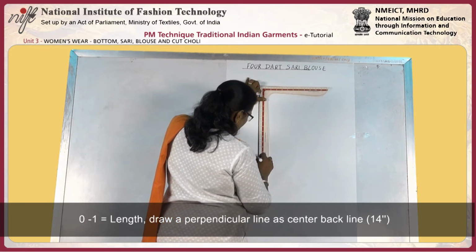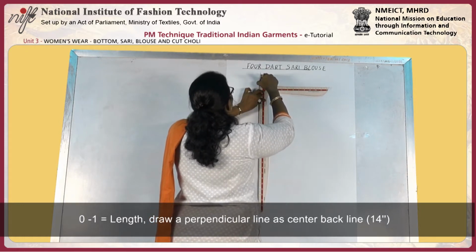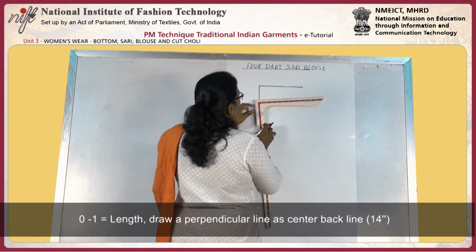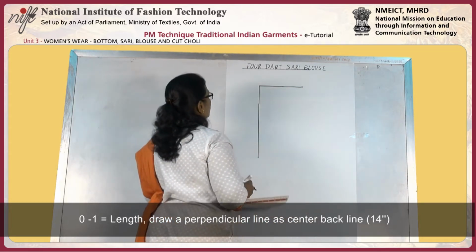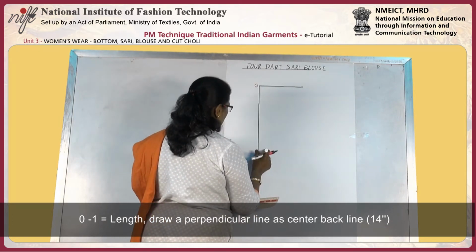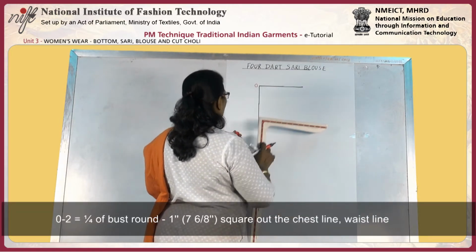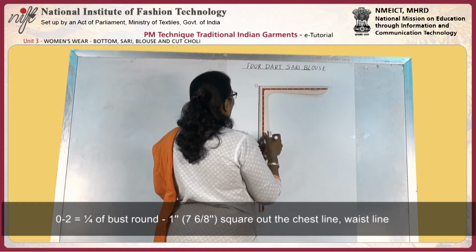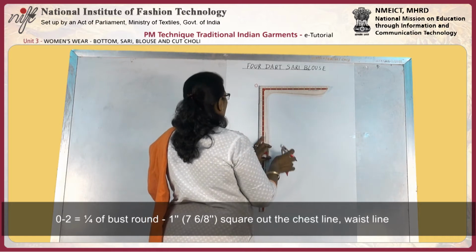Mark 14 inches as length and 7.5 inches as shoulder. So, 0 to 1 is the length of the blouse and 0 to 2 is 1/4 of bust minus 1 inch.